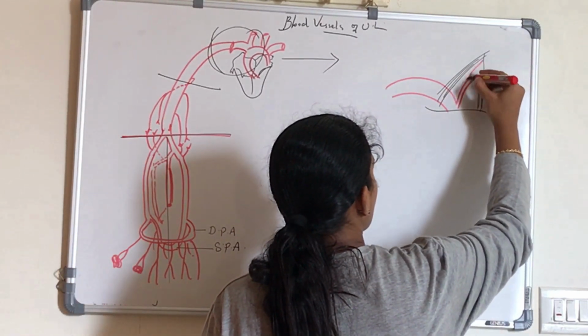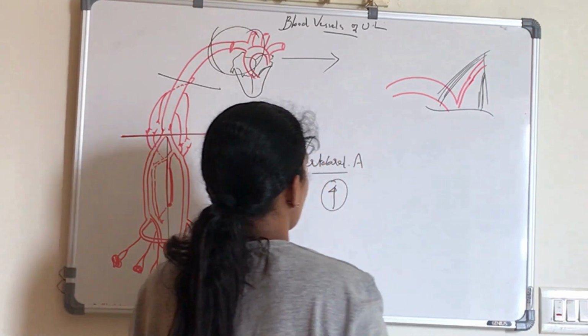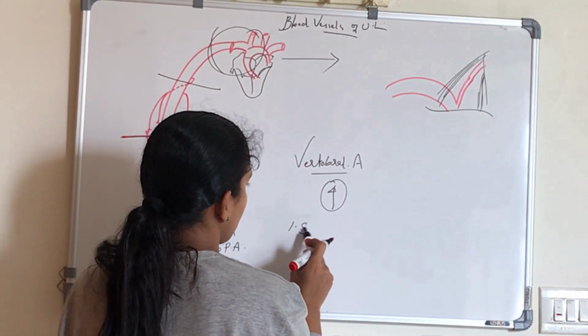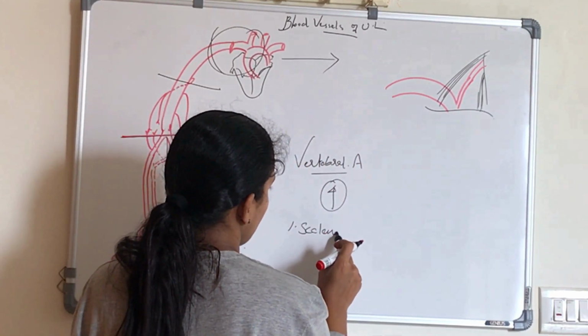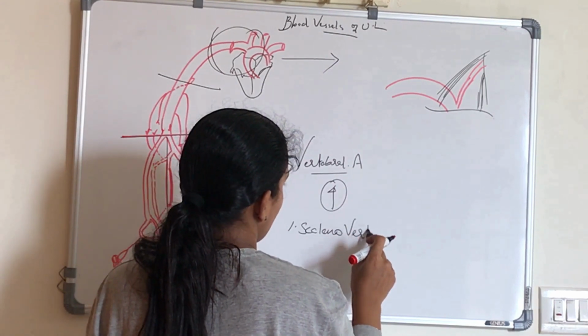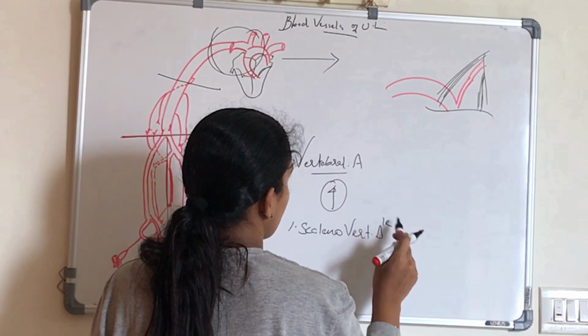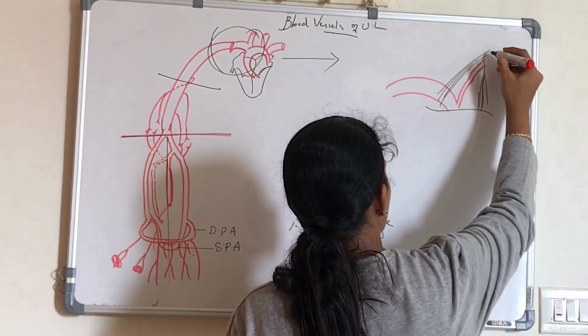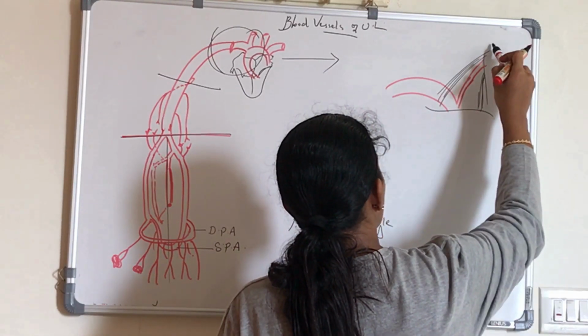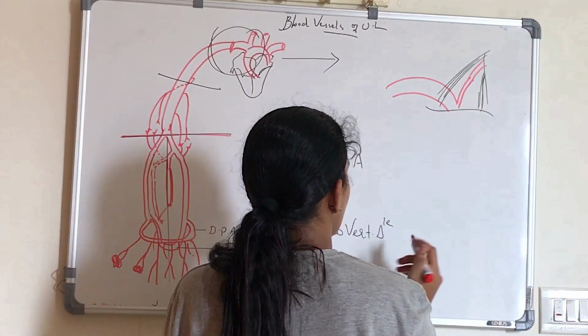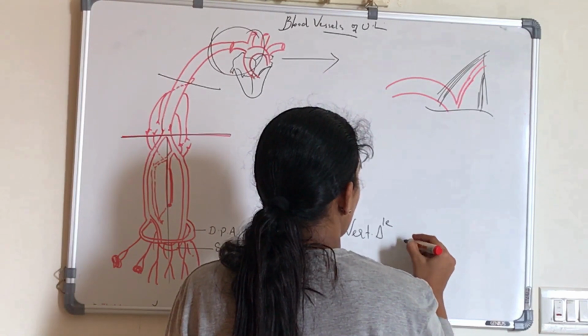This first part is present in a triangle called scalenovertebral triangle, bounded laterally by scalenus anterior, medially by longus colli. So the first part is present in scalenovertebral triangle.